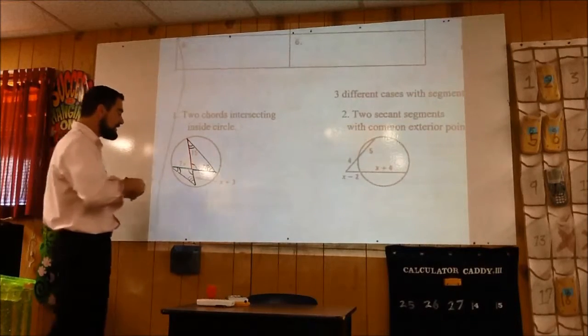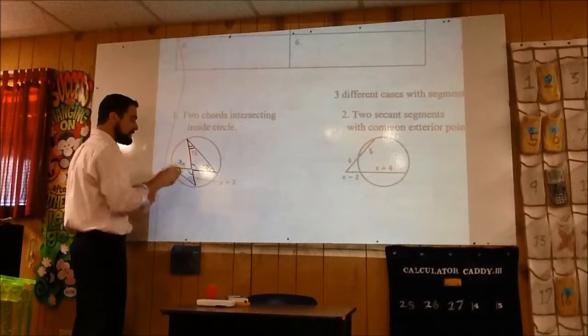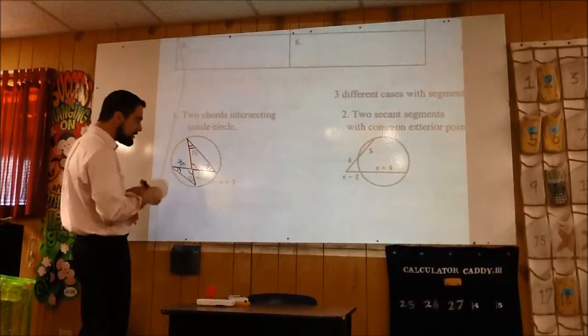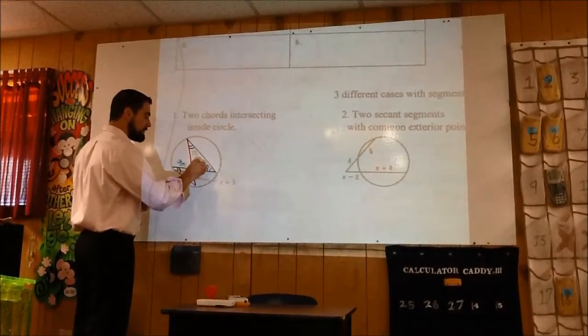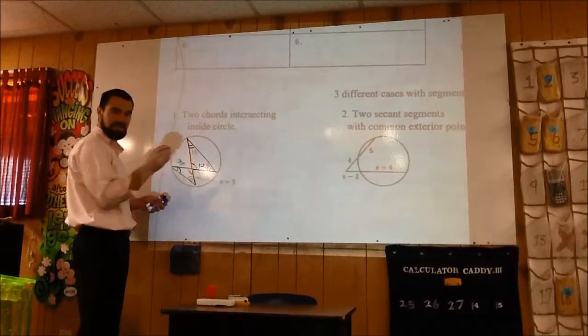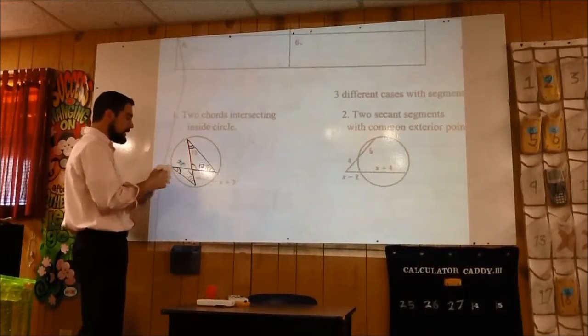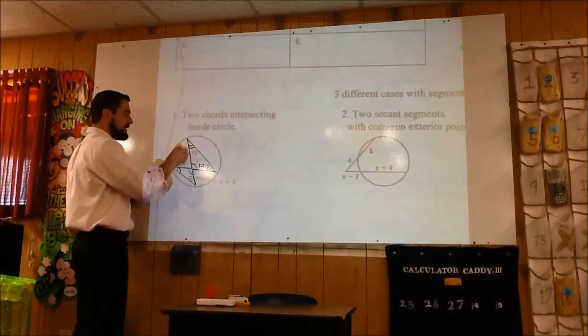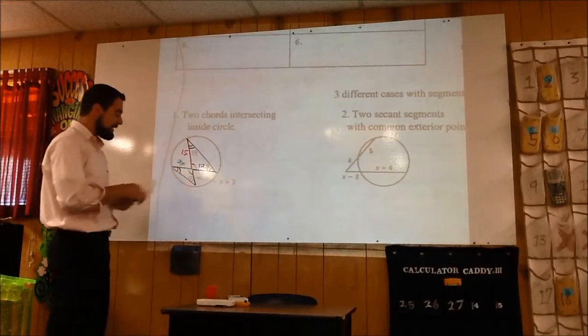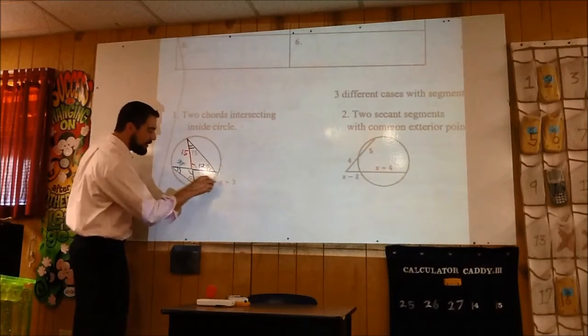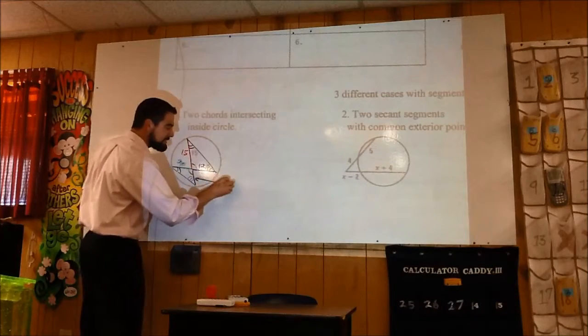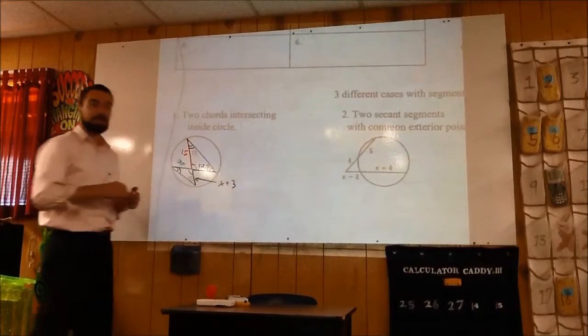The length of this green segment is 2x. The length of this blue segment is 12. If I'm wrong, tell me, because it's being projected, it's kind of blurry. And the length of this red segment is 15, and the length of this segment, with the big arrow drawn over it, is x plus 3, correct?